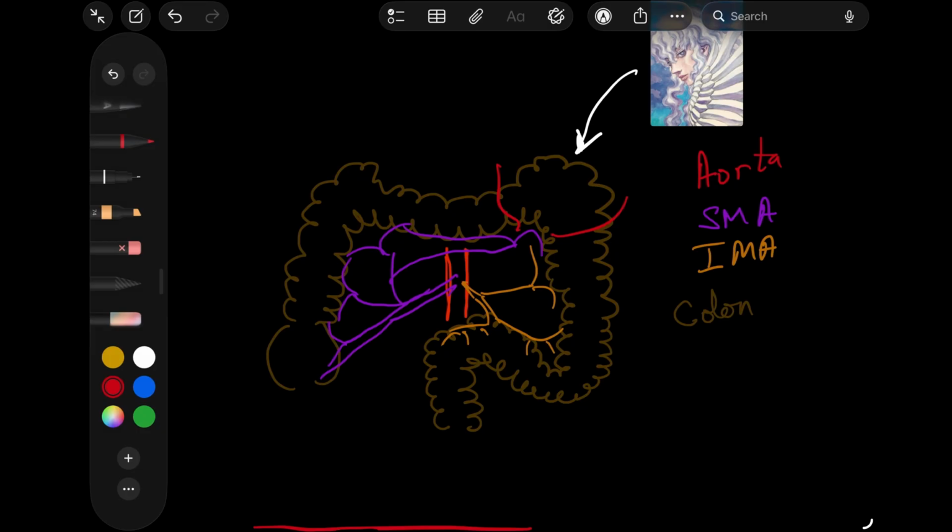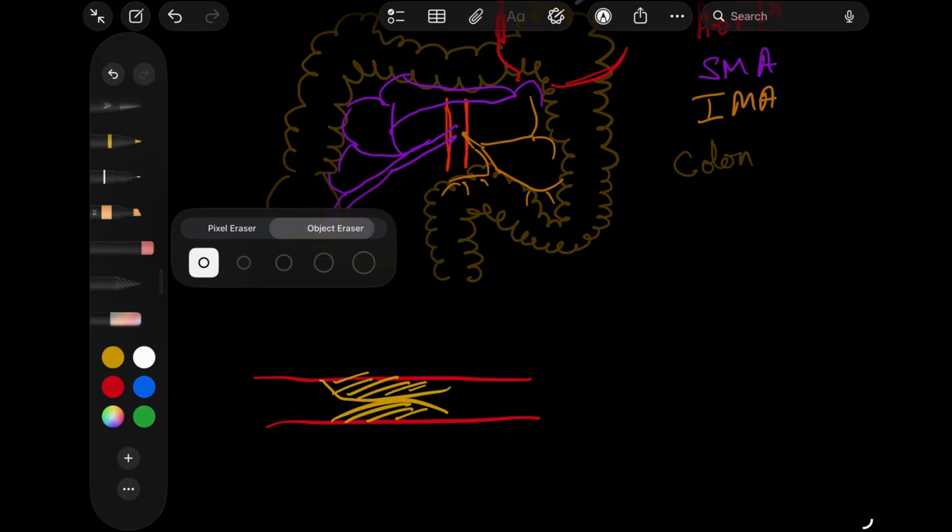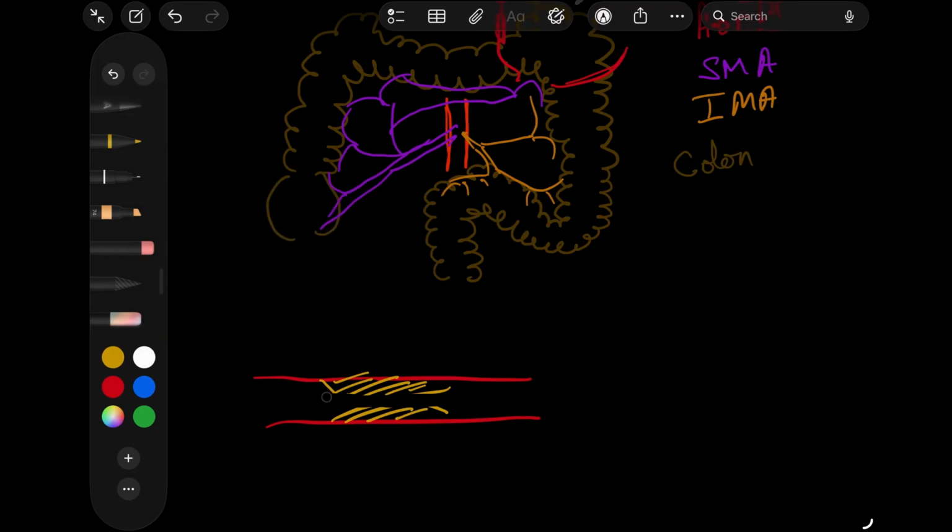And so this area of the colon receives the least reliable blood flow. And so if you look at the vascular history of this patient, this patient probably has atherosclerosis of his major arteries, including the superior mesenteric artery and inferior mesenteric artery.